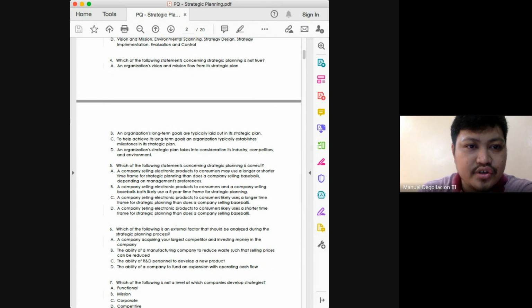An organization's long-term goals are typically laid out in its strategic plan. That's correct. To help achieve its long-term goals, an organization typically establishes milestones in its strategic plan. That's also correct. An organization's strategic plan takes into consideration its industry, competitors, and environment. Okay, that is also correct.